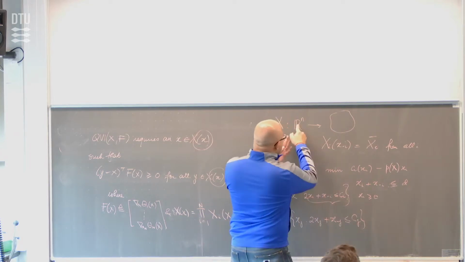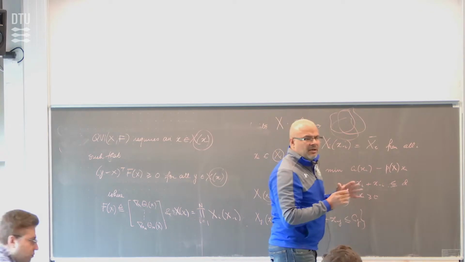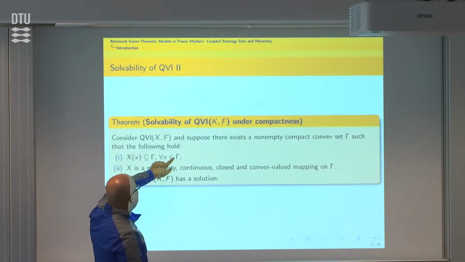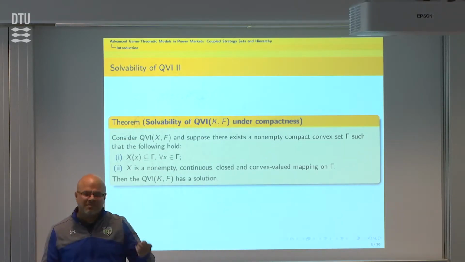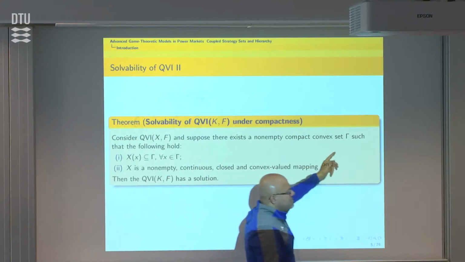And as you change the points here, these sets keep changing. What you need is that the image should also lie in a compact set. And in fact, that compact set should be convex and non-empty, of course.